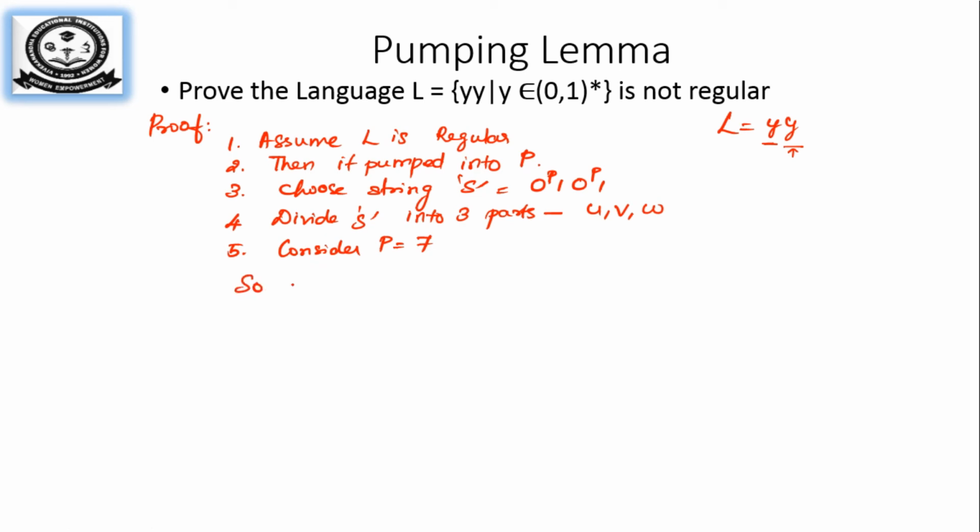So the string S is going to be 7 zeros, 1, then again 7 zeros, 1. This is going to be our string. Let us divide this into three parts. I will take the first two zeros as U, then from the third zero till the 1 I will take as V, then the remaining terms I will take as W.